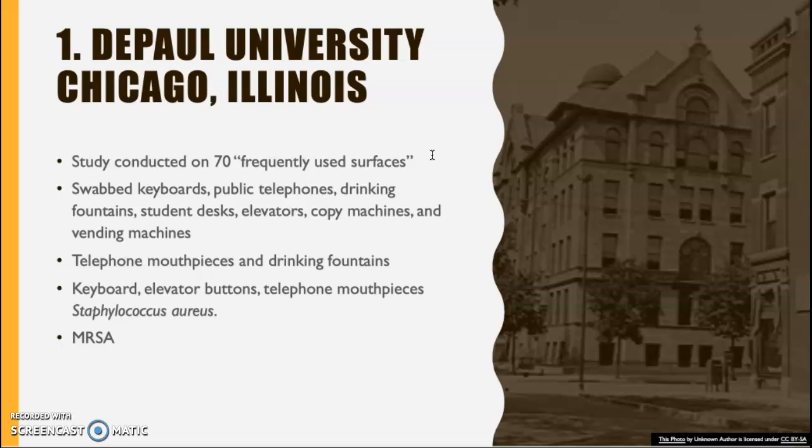The study concluded that the telephone mouthpieces and drinking fountains had the most colonies growing after they were swabbed. And then keyboards, elevator buttons, and telephone mouthpieces had a lot of Staphylococcus aureus.